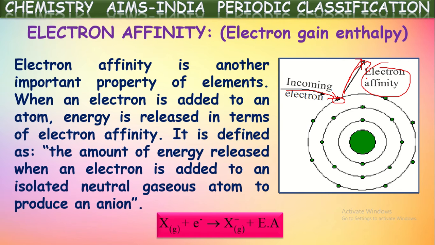Equationally we can show it like this: when an electron is given to a neutral gaseous atom X, it forms X minus. Along with that, a certain amount of energy is released. That energy released is called electron affinity, or it is also called electron gain enthalpy.